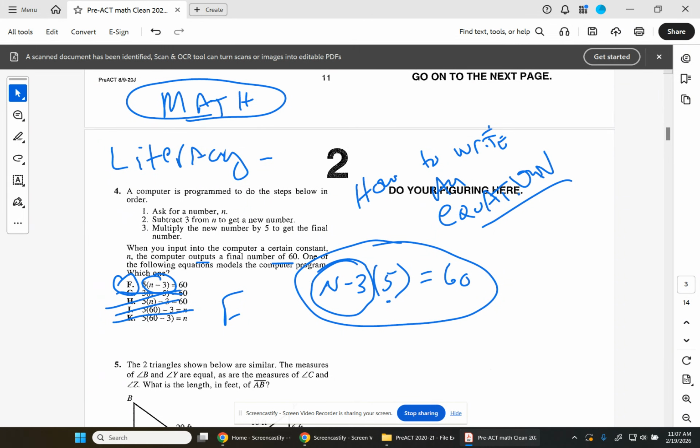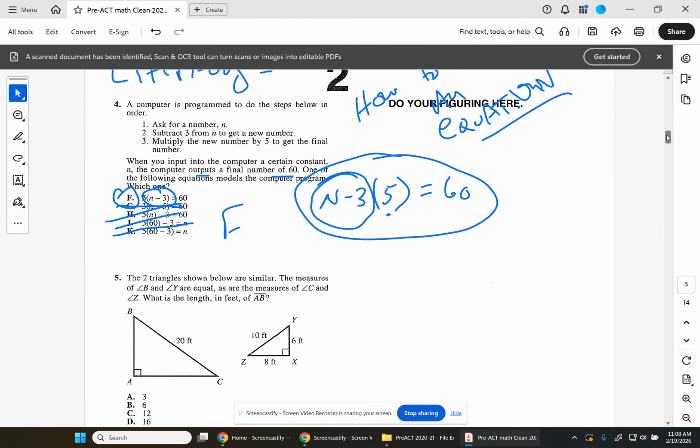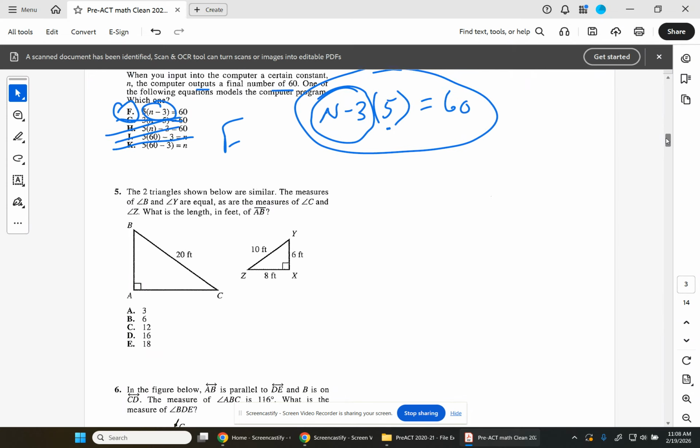How well do you speak and read in math? And there's going to be some kids that do it really well, all the way to number 60. And there's going to be some that fall off. You want to know why? Because they don't read and speak in math very much. There you go. So that's what this is maybe getting you to speak in math a little bit more. And that's what they're really testing us on.